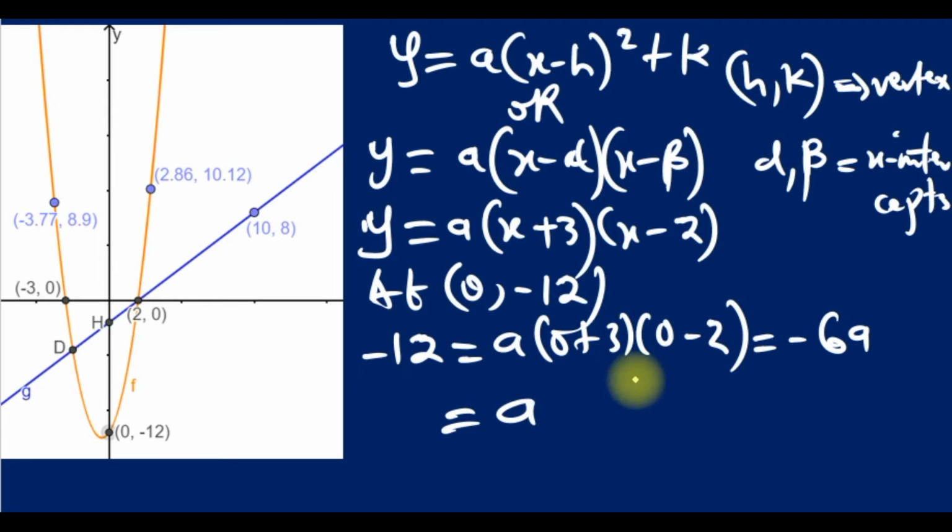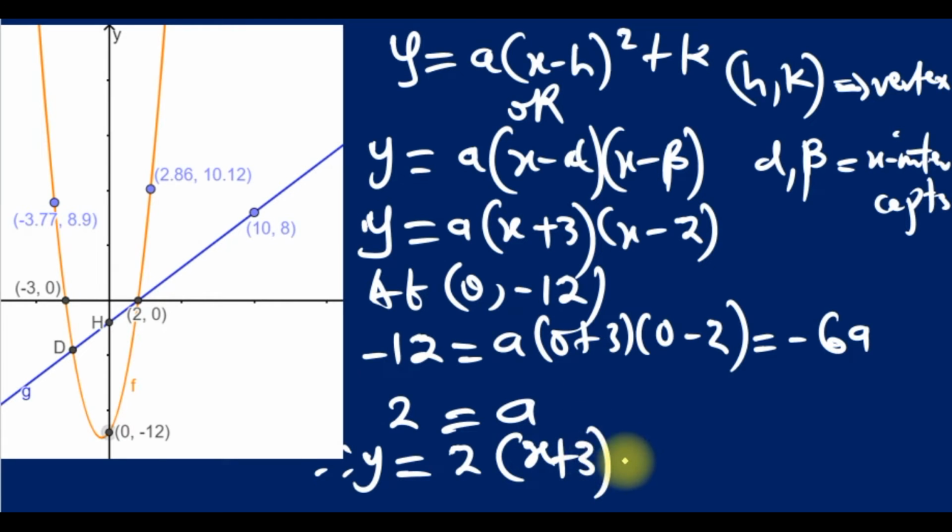We solve for a by dividing both sides by minus 6, so a is 2. Therefore, the equation we are looking for is y equals 2(x plus 3)(x minus 2).